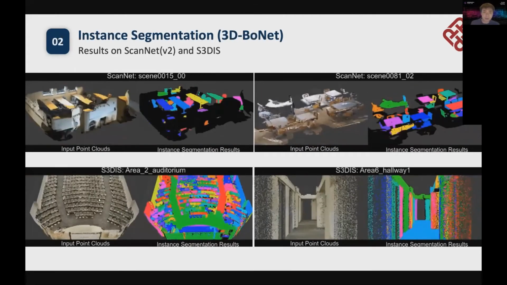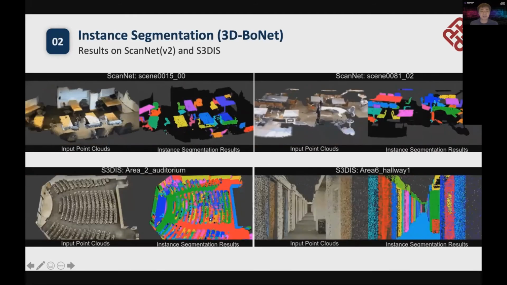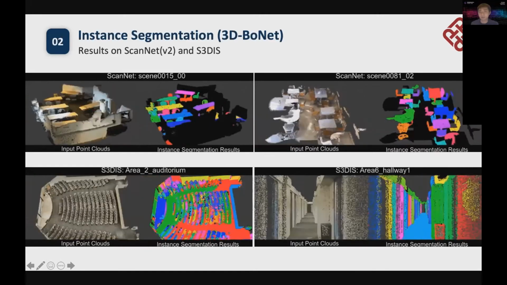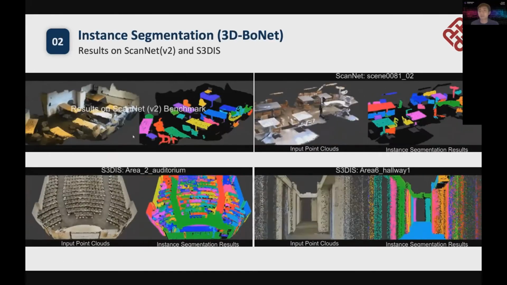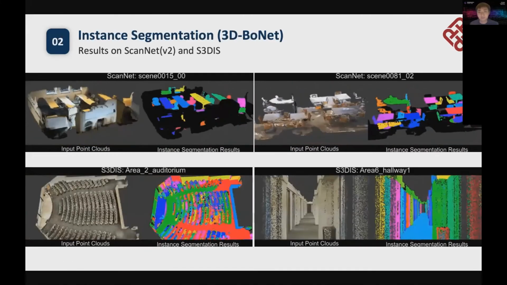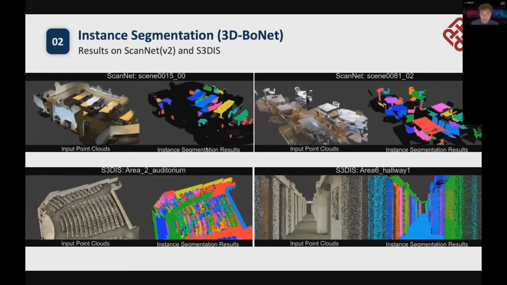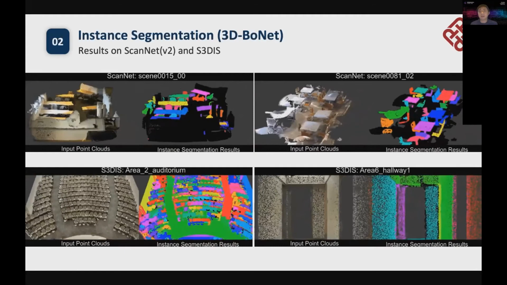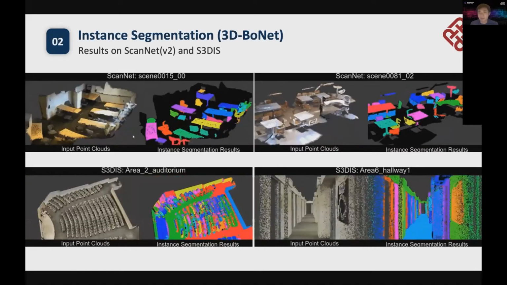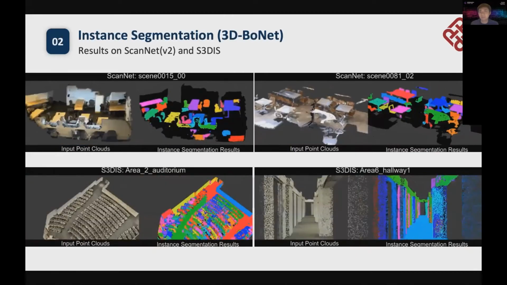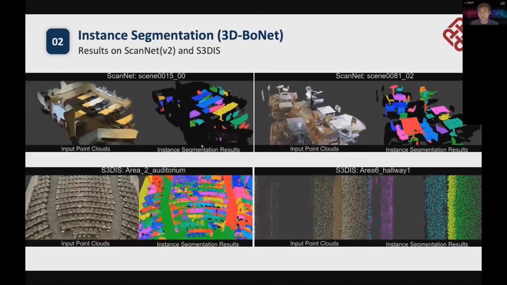And also for the conference room, where there are lots of similar objects, our approach still obtains very good results. We believe that this approach is able to inspire many industry applications like augmented reality, navigation or scene editing, lots of applications.